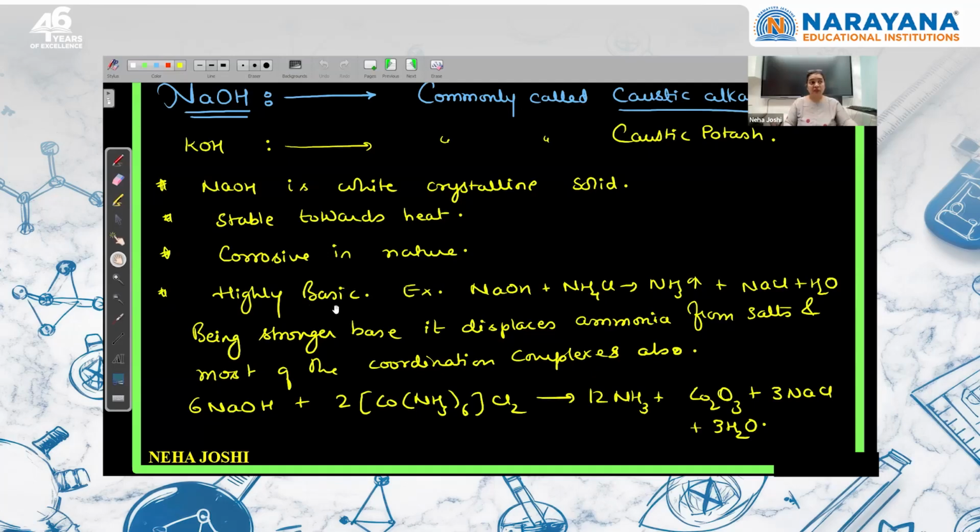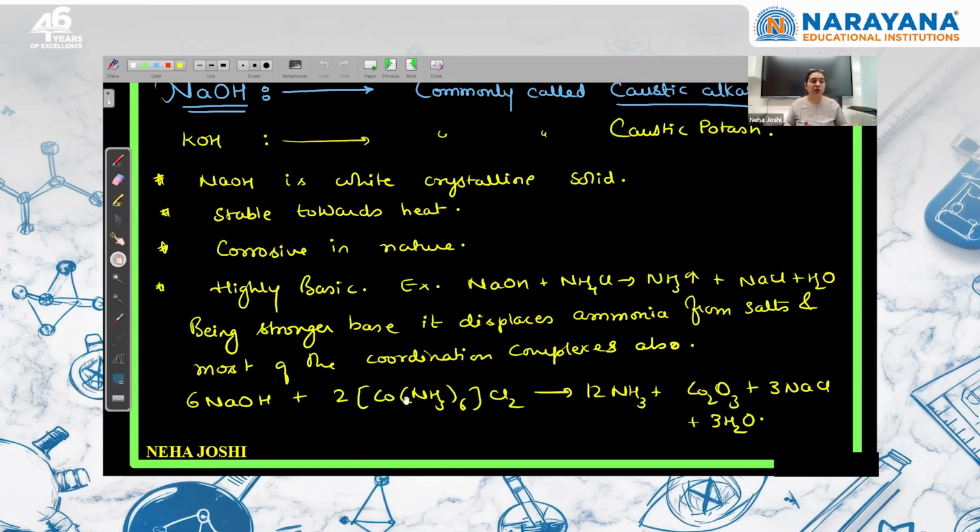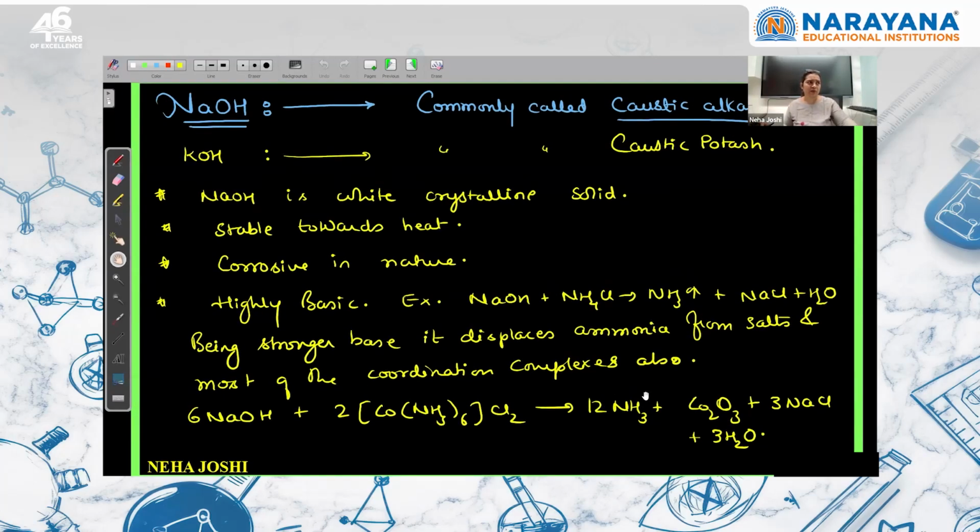Highly basic, certainly. It is so strongly basic that it liberates ammonia not only from salts, but it displaces ammonia even from most of the coordination complexes also. See, say you are treating NaOH with this cobalt complex. Ammonia is liberated free and Co2O3 is formed. So it is highly basic.